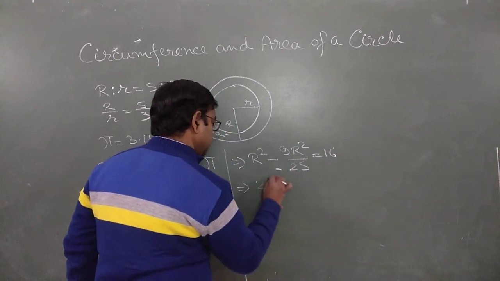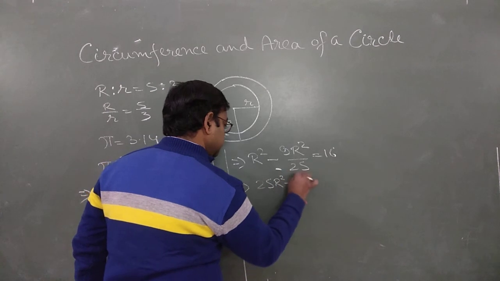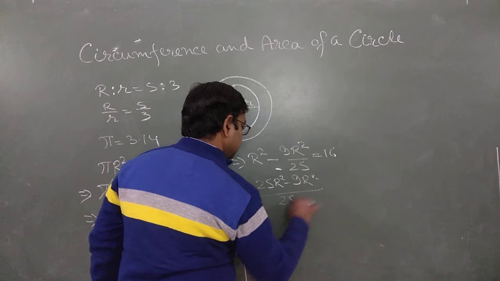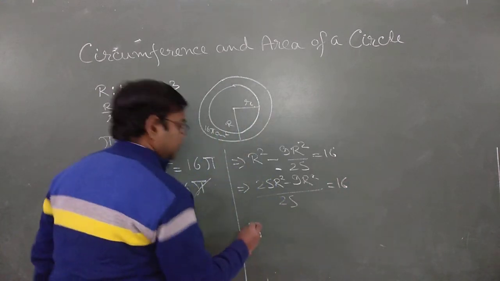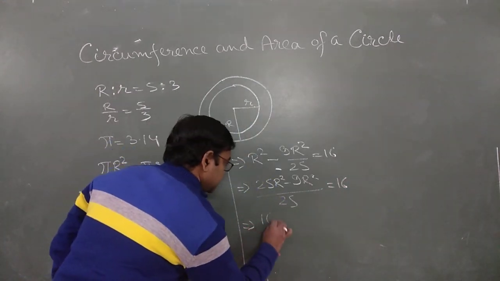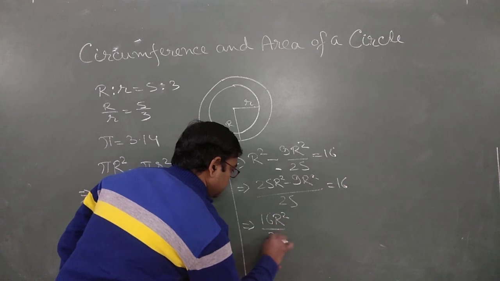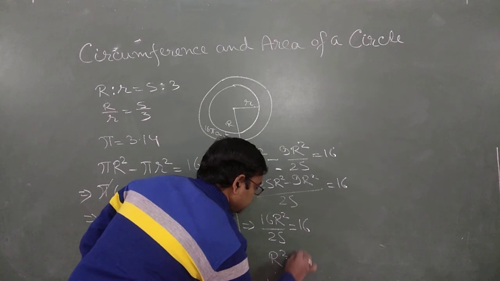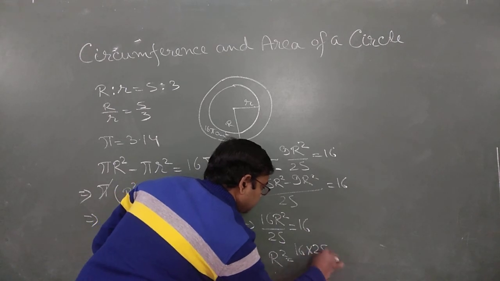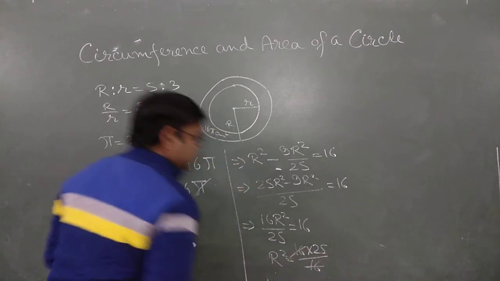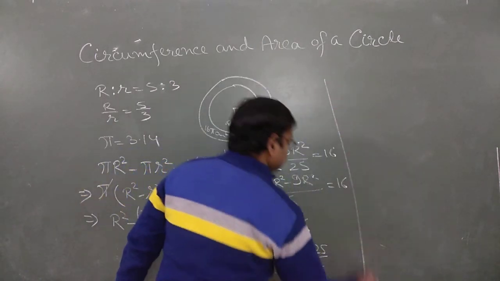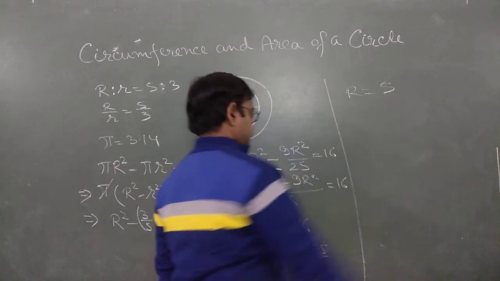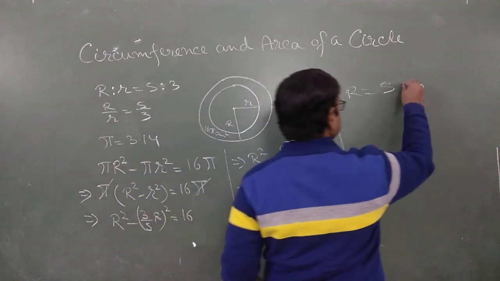It's 25 R square minus 9 R square upon 25 equals 16. Now see here, it's 16 R square by 25 equals 16. R square equals 16 into 25 upon 16. Cancels each other. So R equals 5 centimeter.